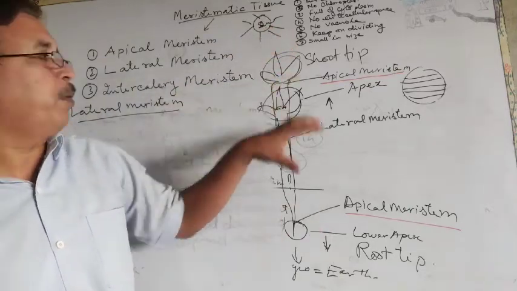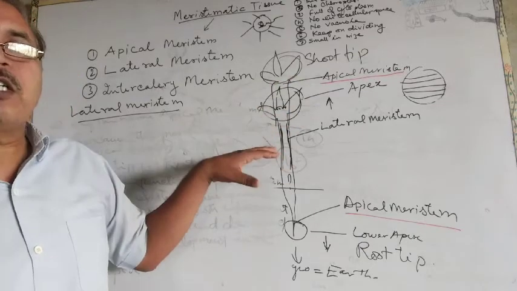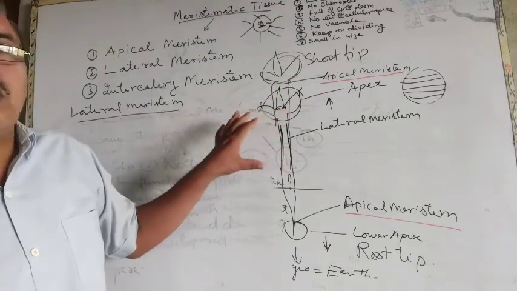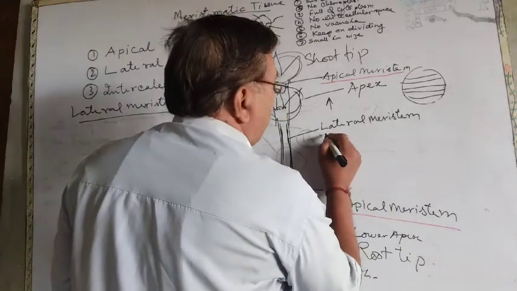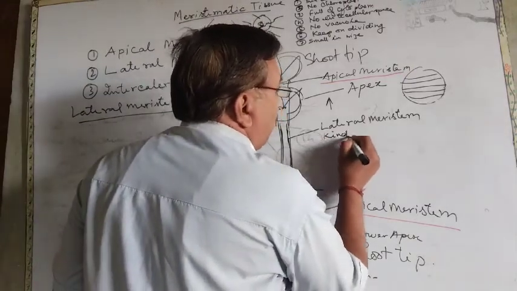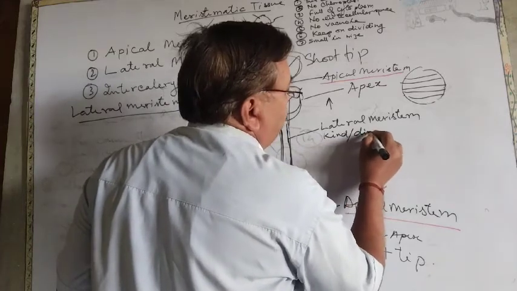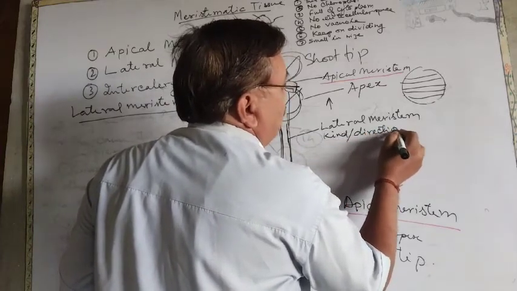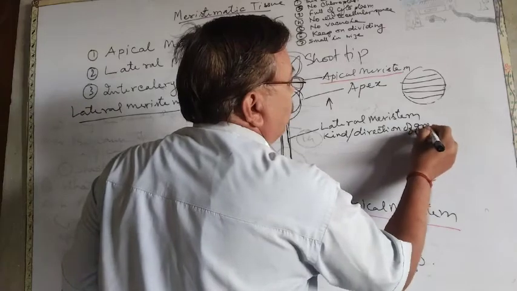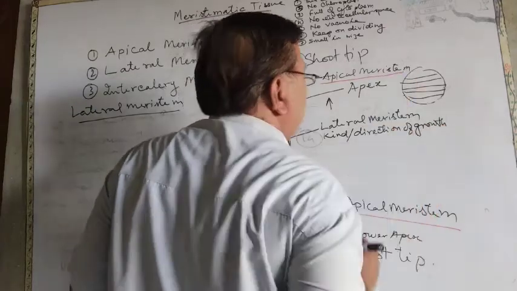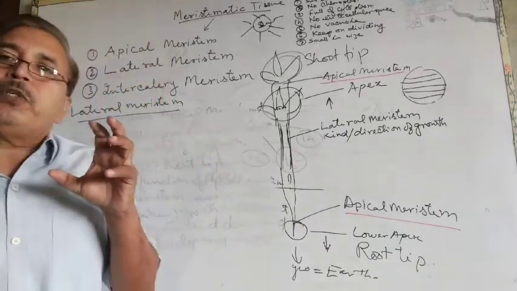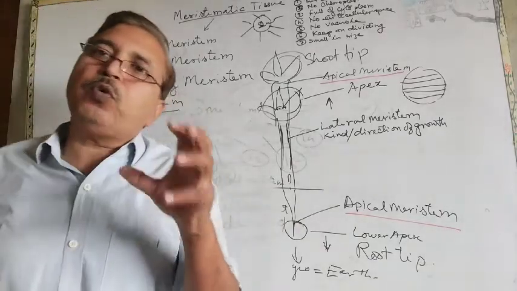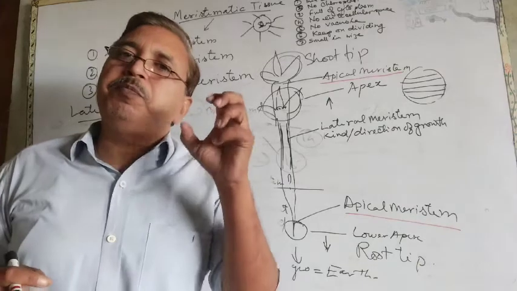That is the basis of naming. But for lateral meristem, its presence is not the reason for its naming. The reason for its naming is the kind, or you can say direction, of growth. So lateral meristem is named based on its feature, the kind of growth it causes in the plant body.